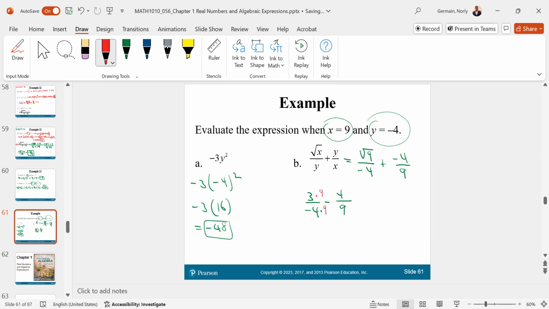And then we have 4 times 9 is 36. So we're going to have 18 over negative 36, or we're going to say negative up there. Let's put the negative in the numerator because it doesn't matter. And we have negative 16 over 36.